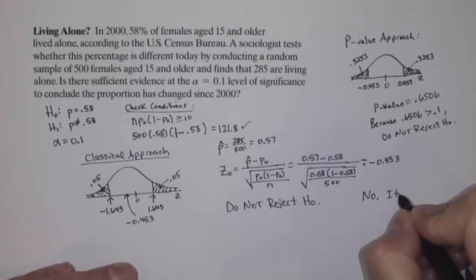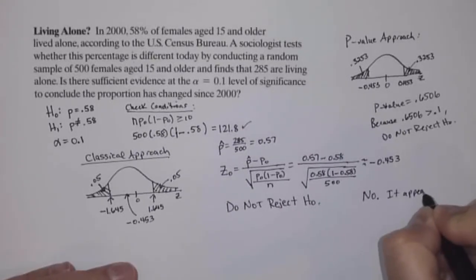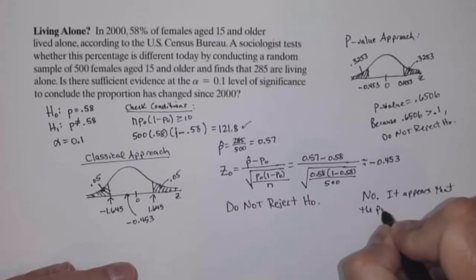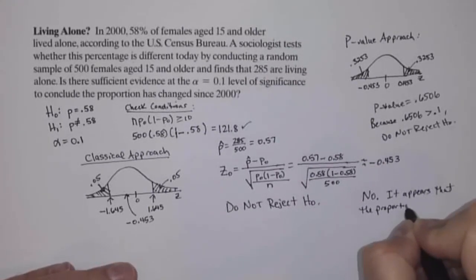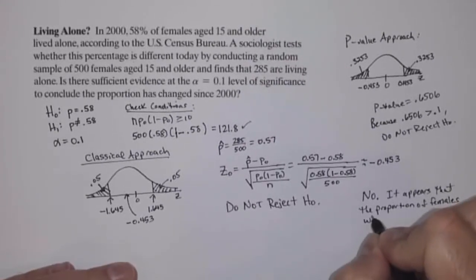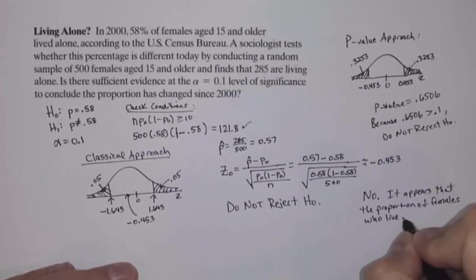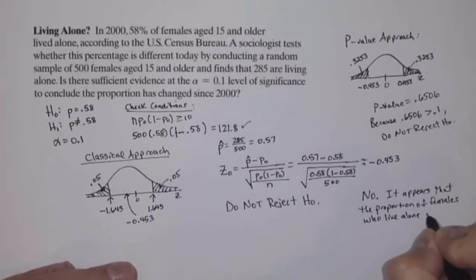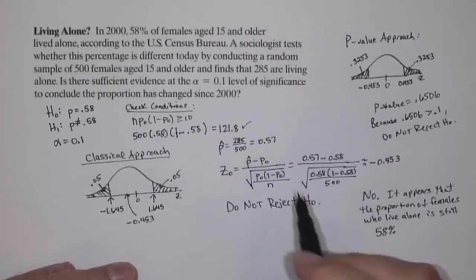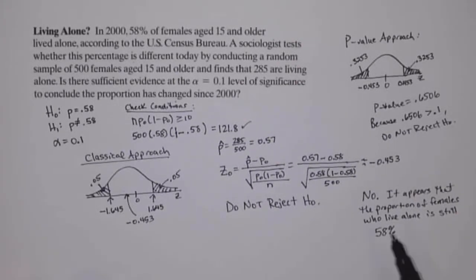So no, it appears that the proportion of females who live alone is still 58%. We were not able to determine that it's now different. Our evidence supports that it's still 58%.